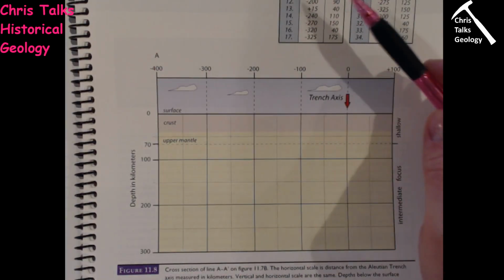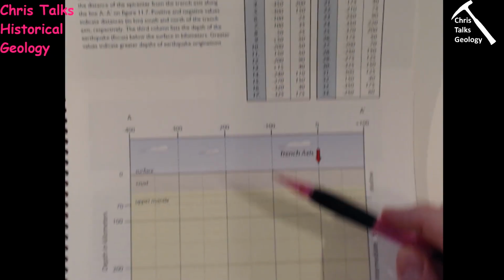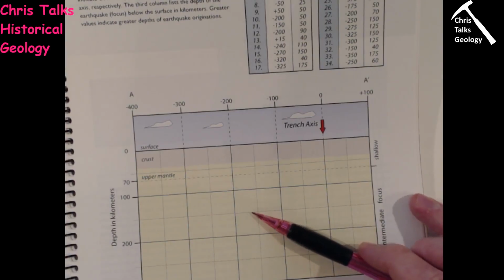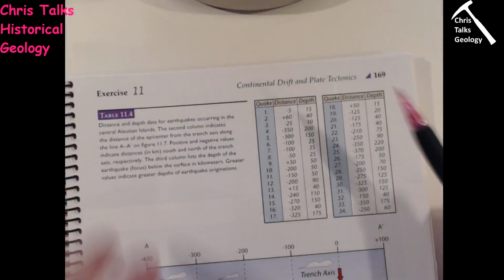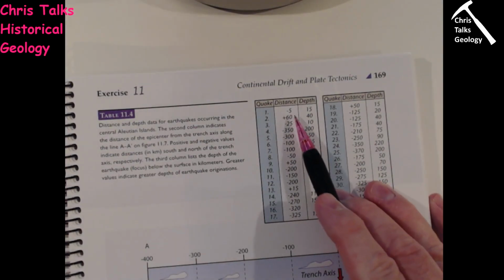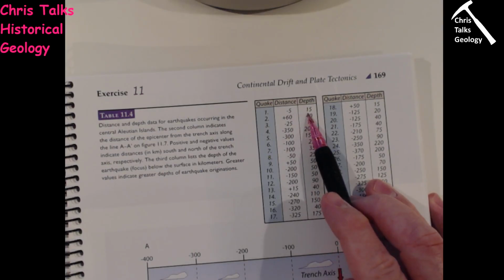And what we're going to do is plot the data from table 11.4 onto diagram 11.8. So for instance, our first piece of data is distance -5, depth 15.